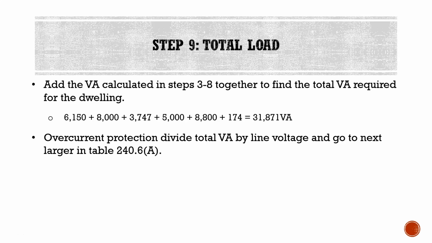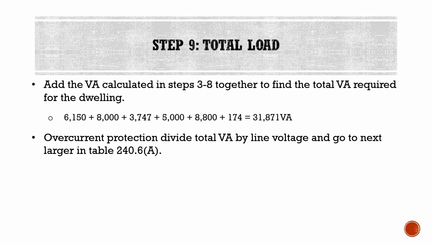In order to find our overcurrent protective device, in other words our main breaker size, we're going to divide that total volt amp amount by our line voltage and go to the next larger standard size back in table 240.6(A), once again, from our motor load calculations, when we were sizing our branch and feeder overcurrent protective devices.